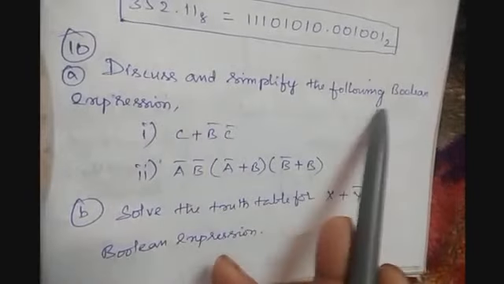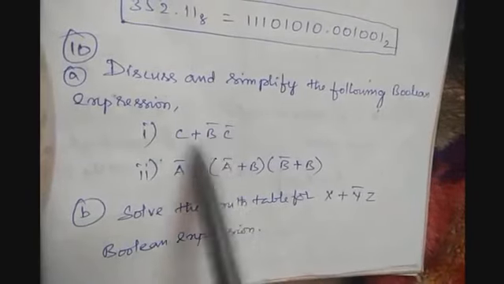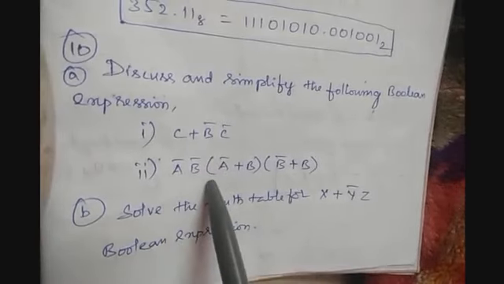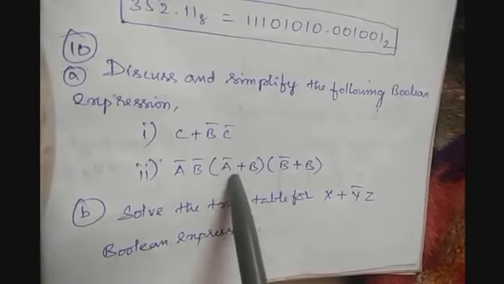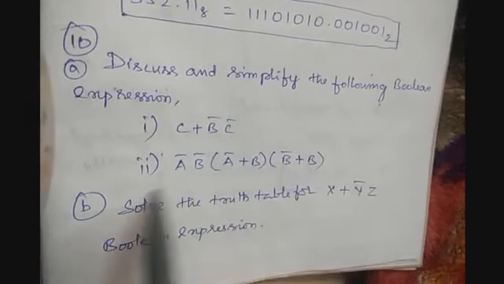Discuss and simplify the following Boolean expressions: C plus B bar C, and A bar B bar into A bar plus B into B bar plus B. This is the first one.